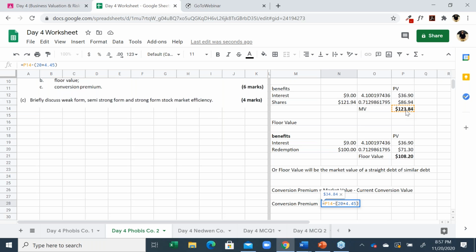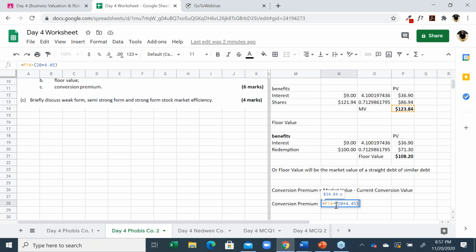Okay. How many shares may the investor get after 5 years if he decides to convert? 20 shares, right? And what is the value of each share at the moment? 4.45. Very right.